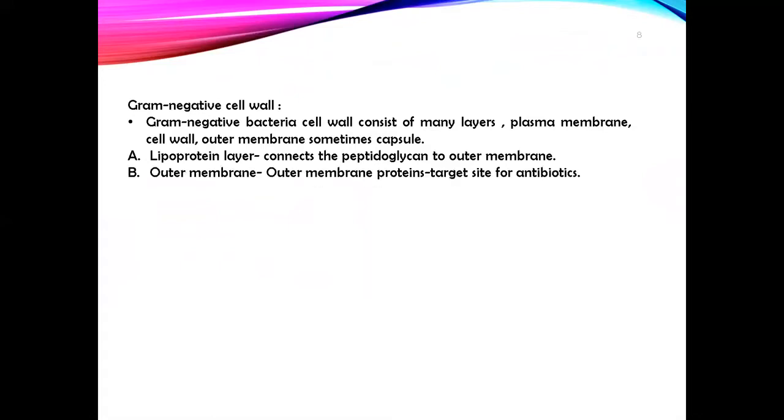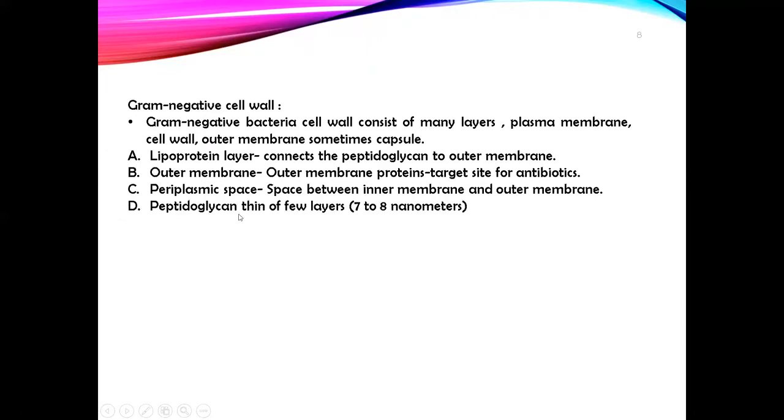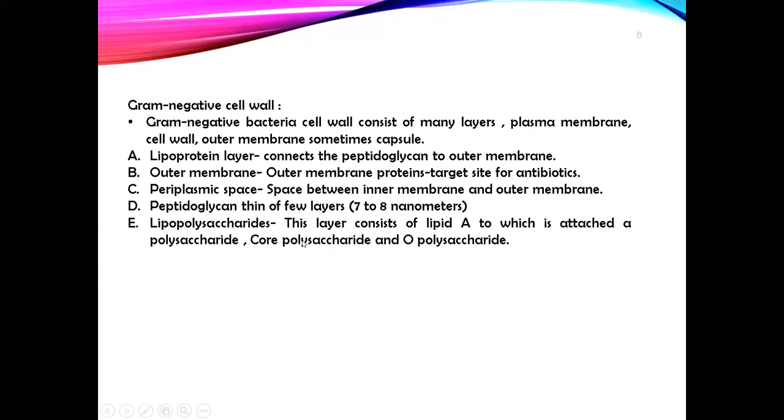The outer membrane contains proteins, which are a target site for antibiotics. The periplasmic space is the space between the inner membrane and the outer membrane. The peptidoglycan layer is very thin, only 7 to 8 nanometers.